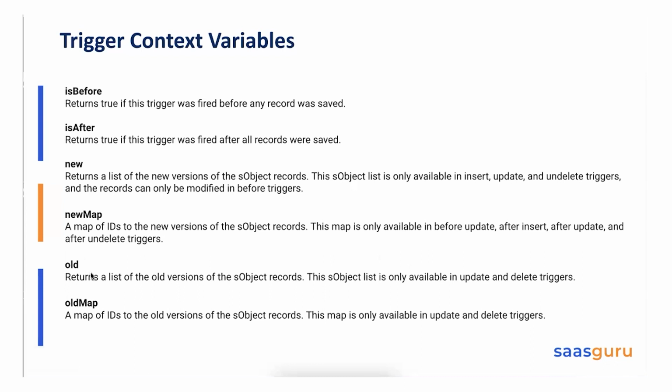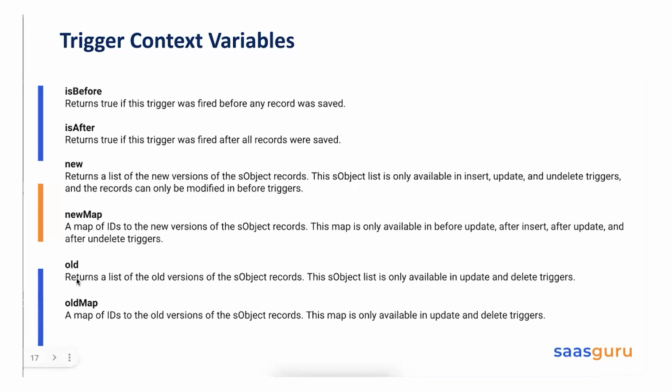Some use cases might be, okay, send an email to the user when the email is changed. So how will I track that the email is changed? Taking trigger.new, that gives me the latest value of email, and trigger.old gives me the older value of email. We can compare both.